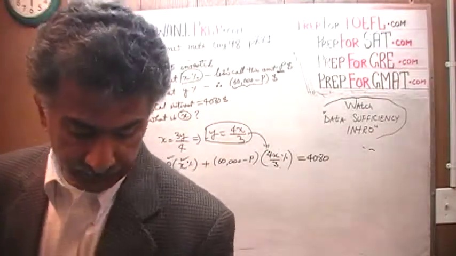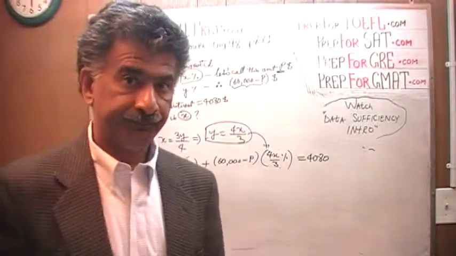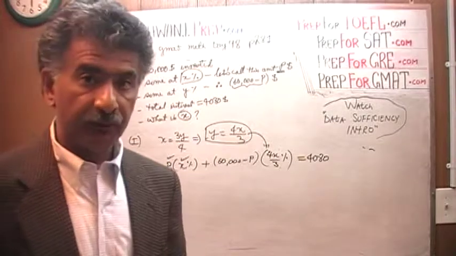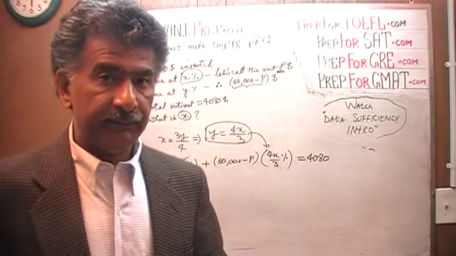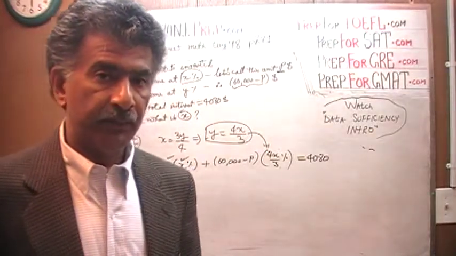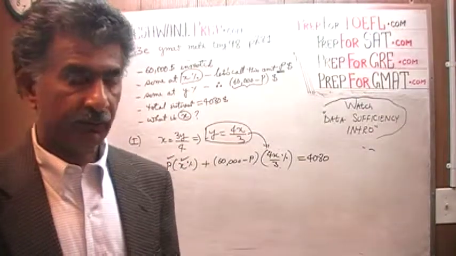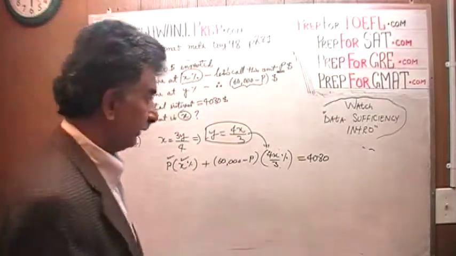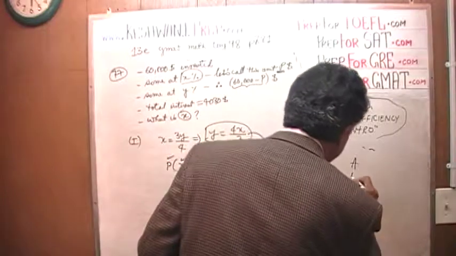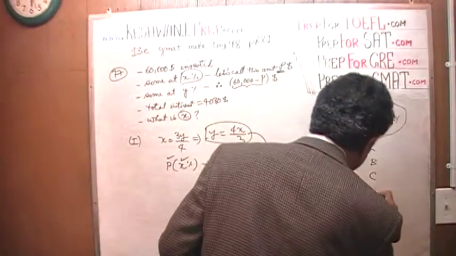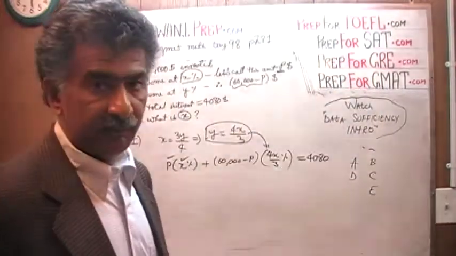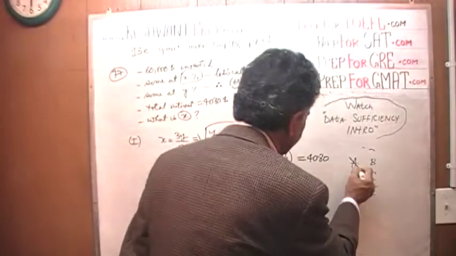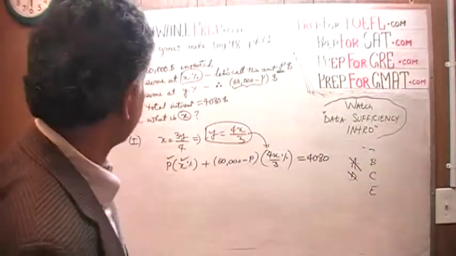So the first statement by itself does not get us anywhere. But I have a very strong feeling that whatever they tell us in the second statement, if somehow we can combine the two parts, I think we will get someplace. But the first statement by itself doesn't do anything. A, D, B, C, E. Because the first statement by itself is not enough, the answer cannot be A or D. Let's look at the second statement.